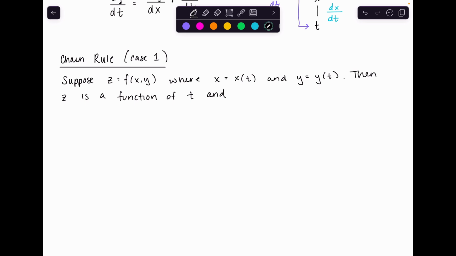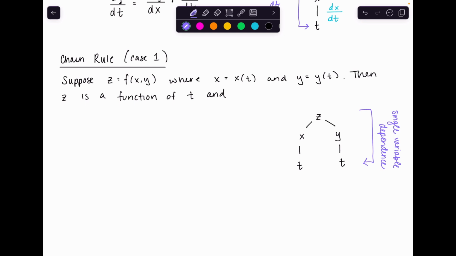So to give us a little diagram, we have z sitting up here. That depends upon two variables, x and y. And then each of these is dependent upon t. So ultimately, we have single variable dependence. So this is where you have to be really careful with partials versus that d operator.